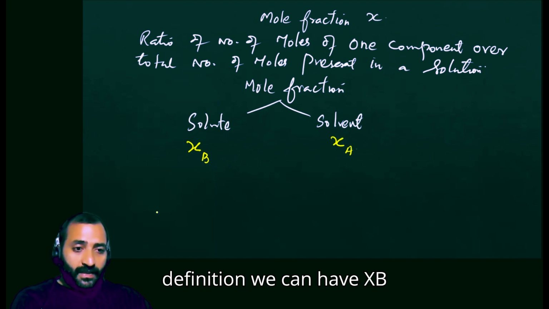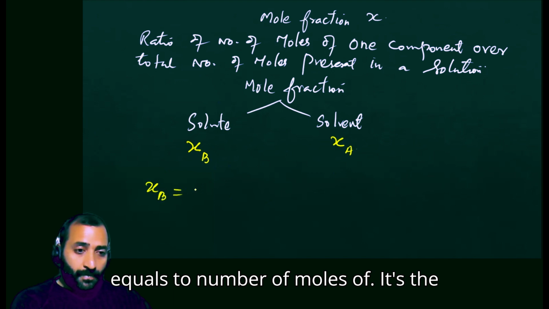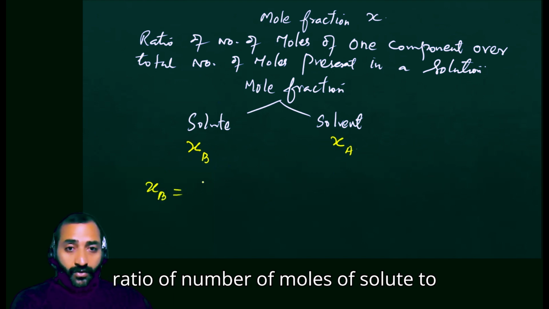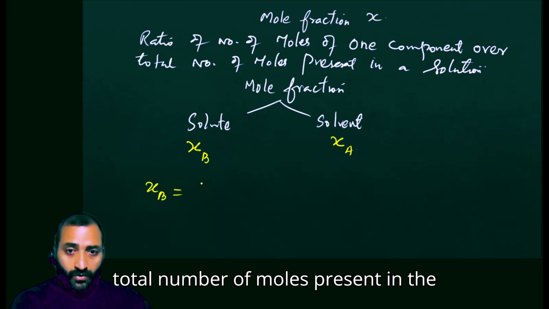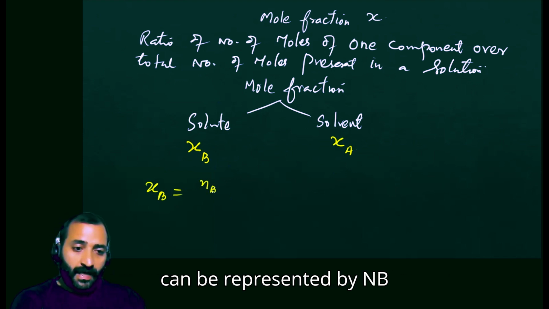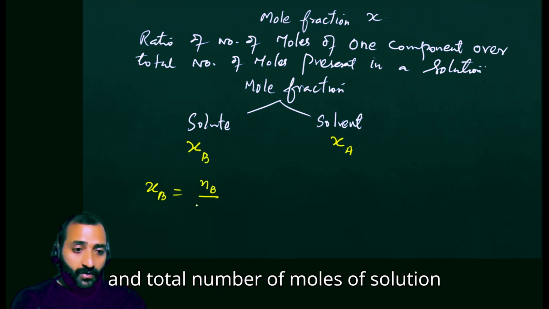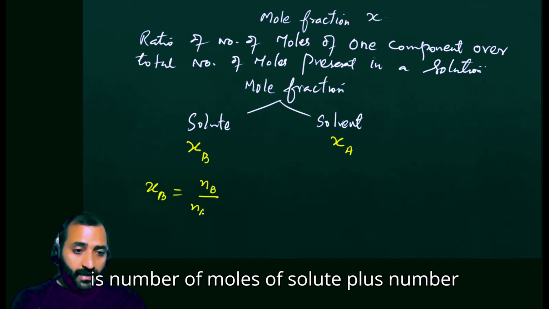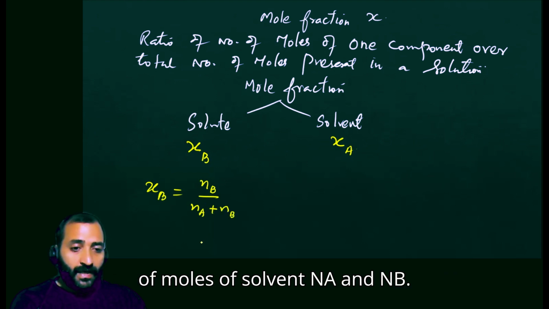As per the definition, xb is the ratio of the number of moles of solute to the total number of moles present in the solution. If the number of moles of solute is nb, the total number of moles of solution is the number of moles of solvent plus solute, na plus nb.